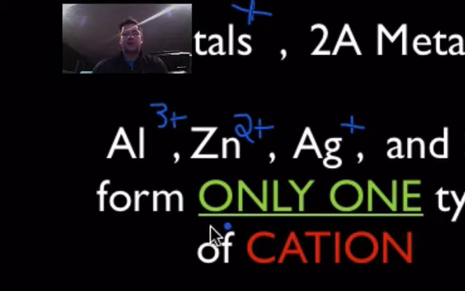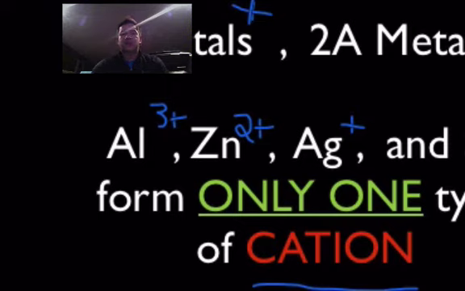Now these form only one type of cation. So all group 1A metals, all group 2A metals, aluminum, zinc, gold, and scandium are all going to only form one type of cation. That's going to be important.